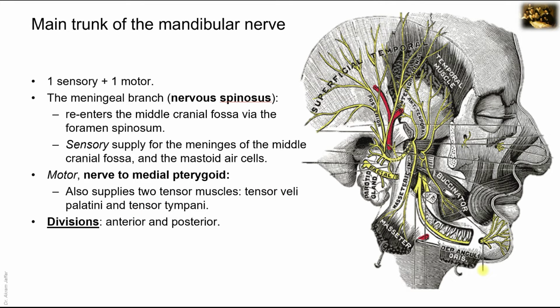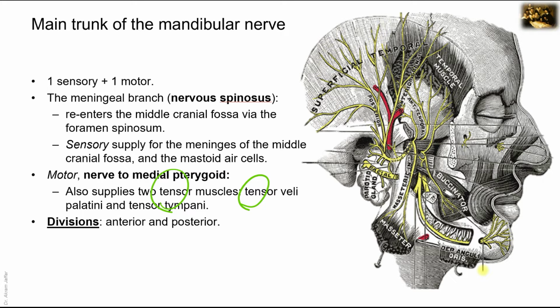So the motor root of the mandibular nerve not only supplies the muscles of mastication, but also some other muscles, including two tensor muscles that are supplied by the nerve to medial pterygoid.